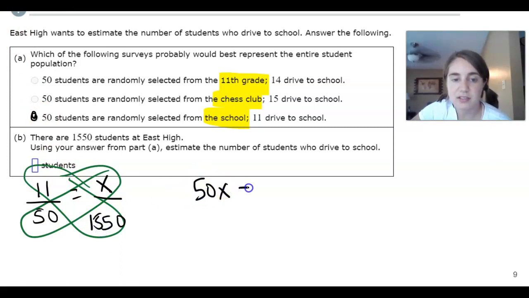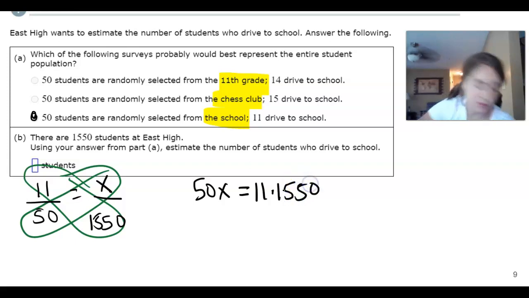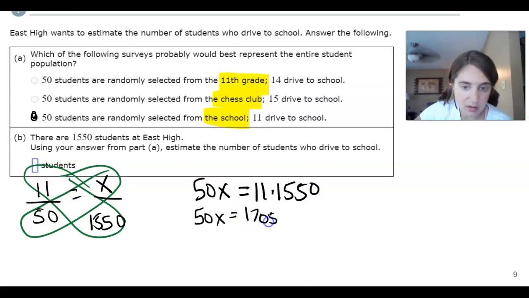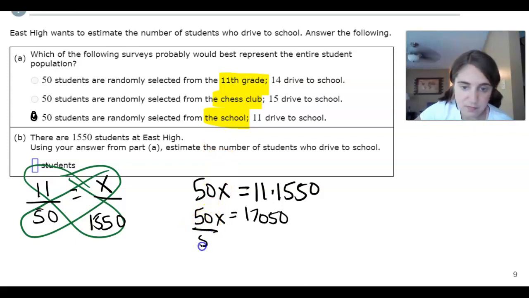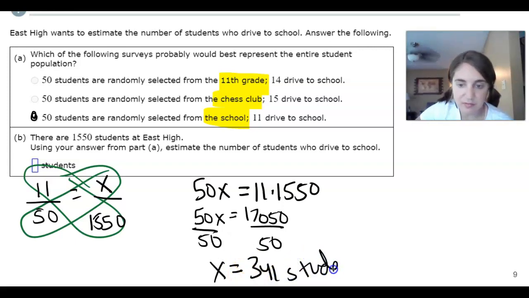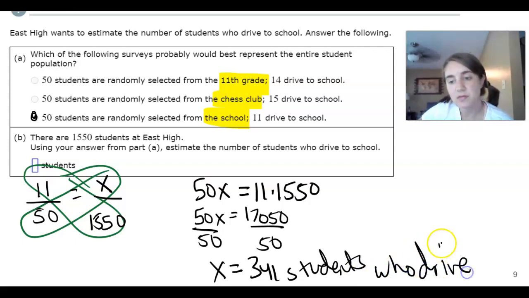So 50x equals 11 times 1,550, so there's about 340 students that drive. Okay, good job.